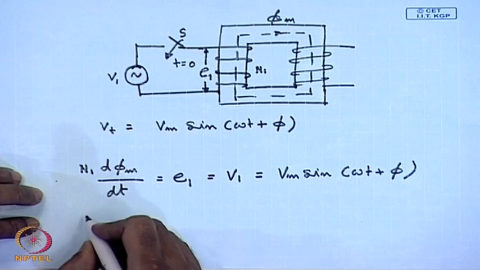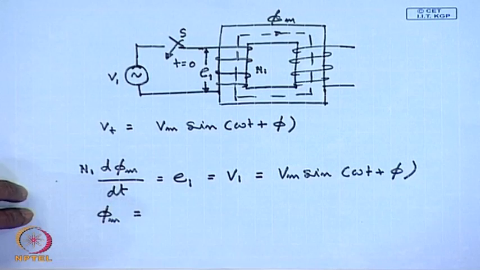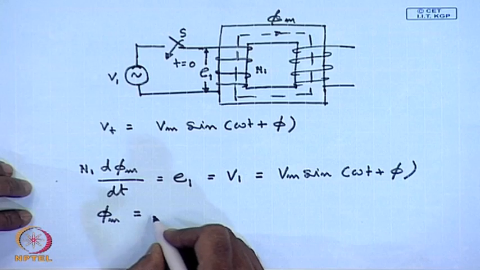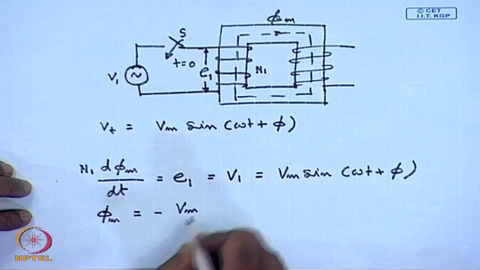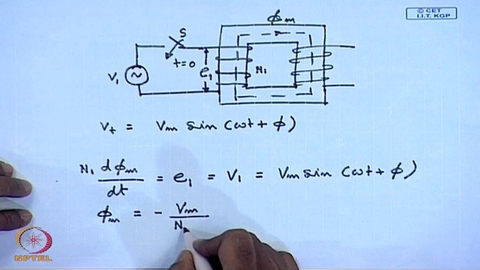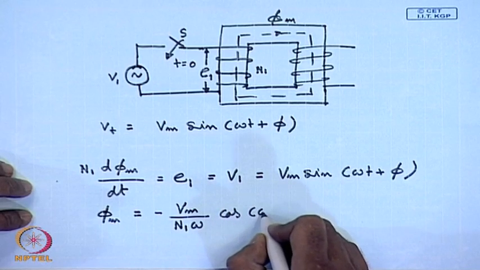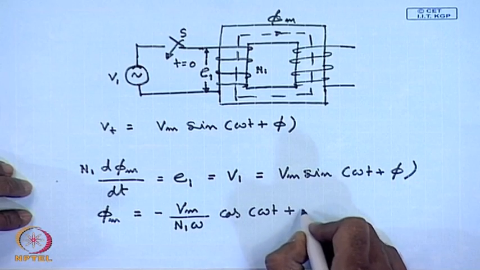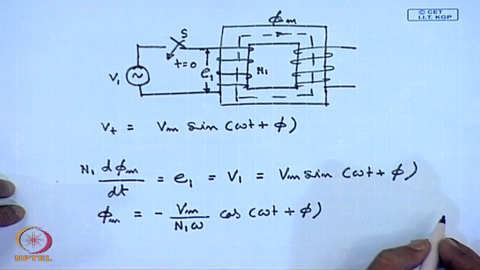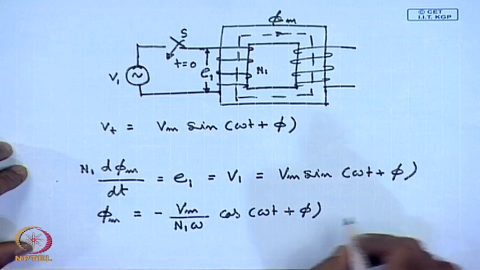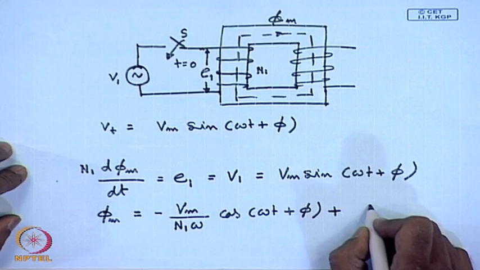Solving this, we get phi m equal to minus V m by n 1 omega cos omega t plus phi, plus a constant of integration A.